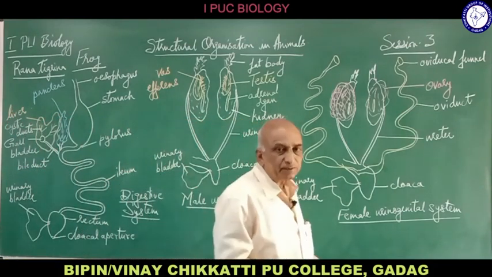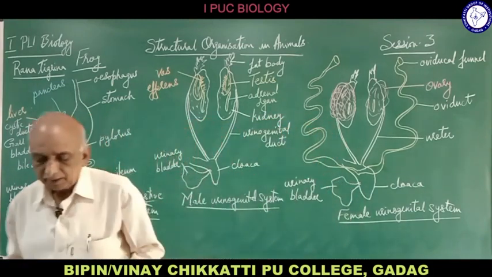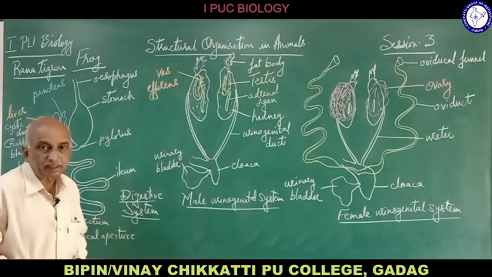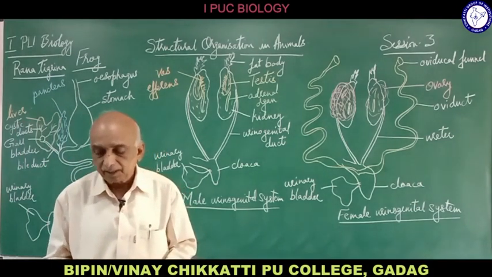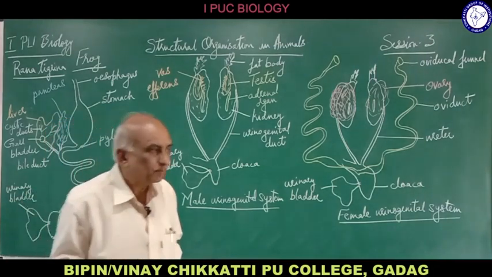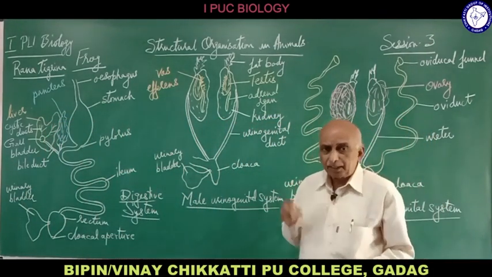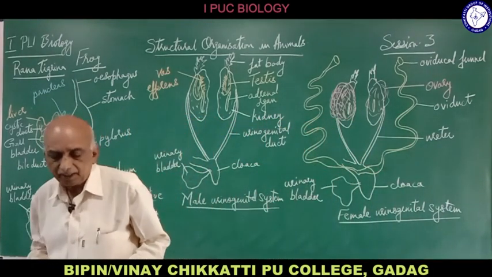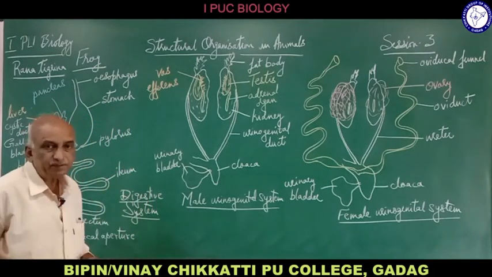The central nervous system is made up of the brain and the spinal cord, whereas the peripheral nervous system constitutes the cranial nerves originating from the brain and the spinal nerves originating from the spinal cord. Here there are 10 pairs of cranial nerves originating from the brain, and 10 pairs of spinal nerves originating from the spinal cord.